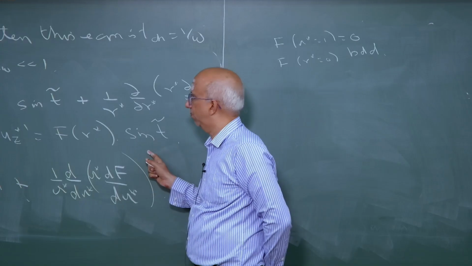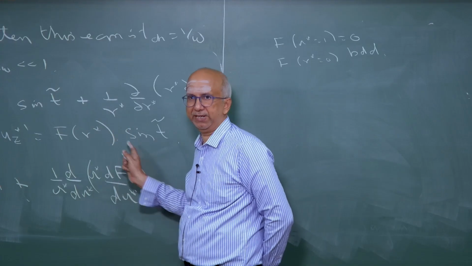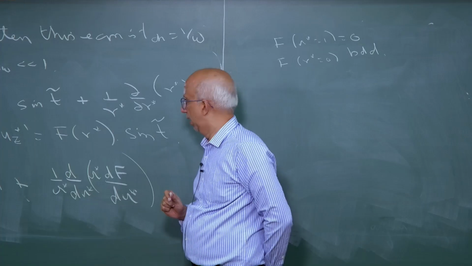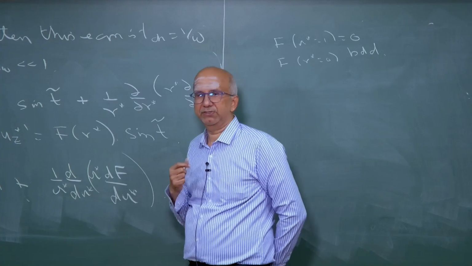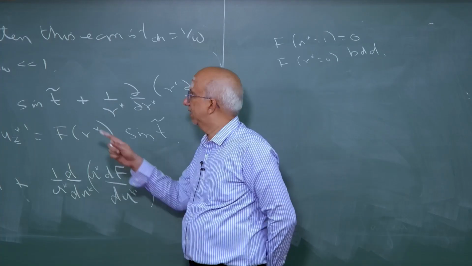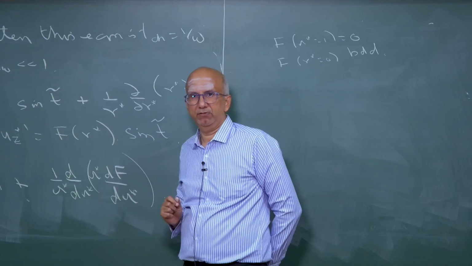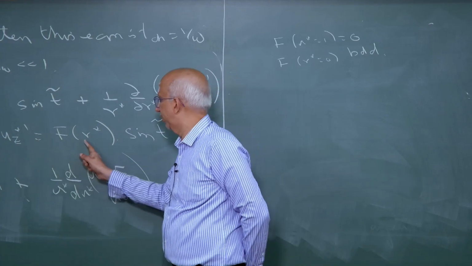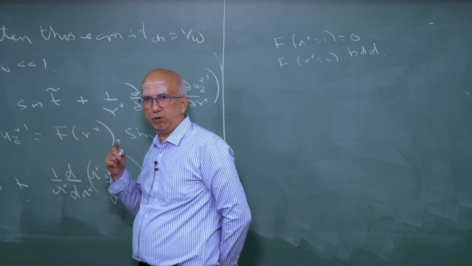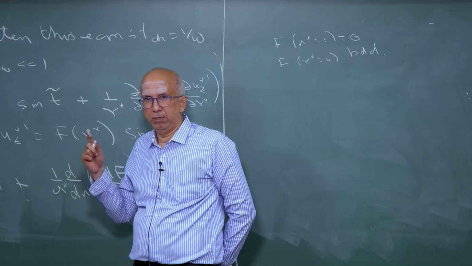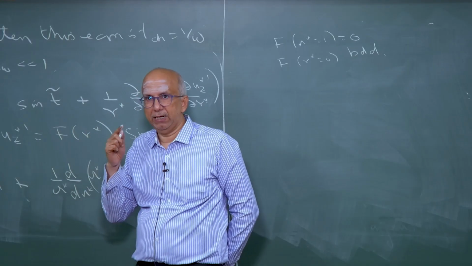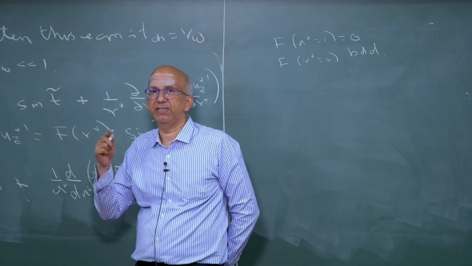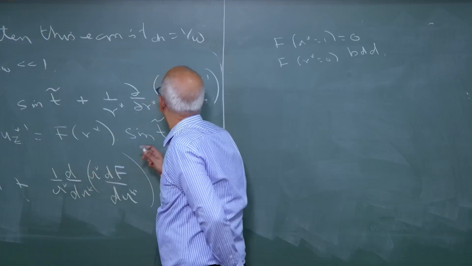It is of this form because it satisfies this differential equation, sin t cancels off. And what this physically means is, in this limit of r omega very much less than 1, the pressure drop is varying sinusoidally, the velocity is also varying sinusoidally, and so the velocity and pressure drop are in phase with each other.